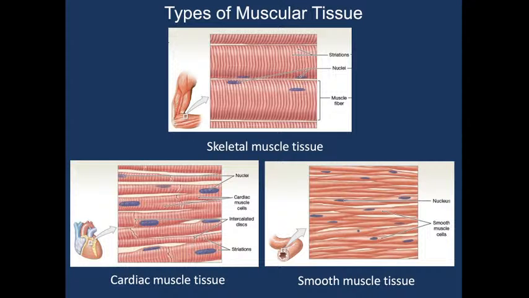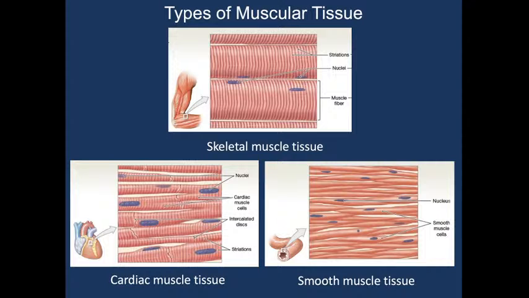The third group is smooth muscle tissue. It is located in the walls of hollow internal structures such as the blood vessels, airways, and most organs in the abdominopelvic cavity. This type of muscle tissue is also attached to hair follicles in the skin.